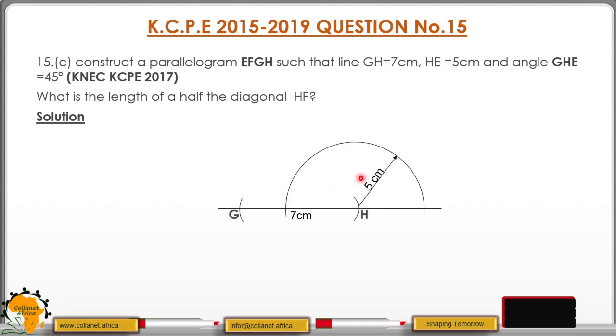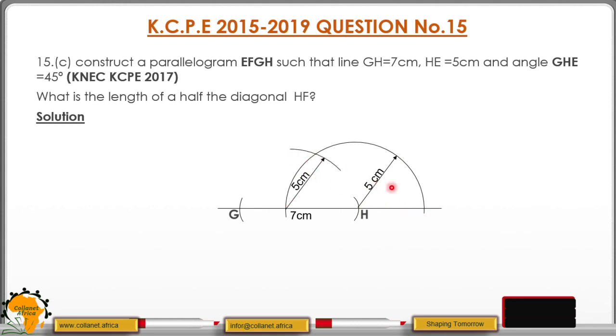After making that, then you are required to make an angle of 45, but here we don't have an angle of 45. But since we want this angle to be at this point, then we need now to construct here some angles. So the easiest is to construct an angle of 60. How do we construct an angle of 60? You get the same radius as the first one, then you stand at this point, and then you make an arc there.